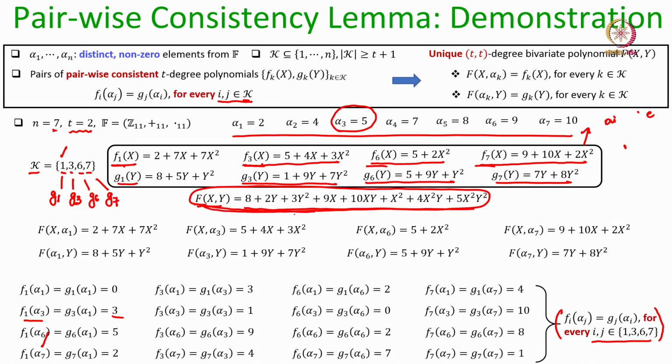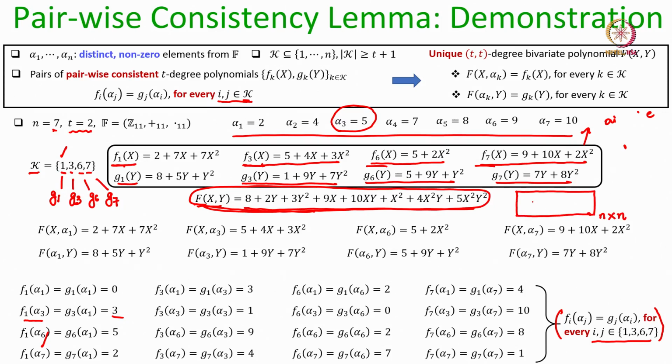So, intuitively what you can imagine here is that your f of x, y is an unknown polynomial, and there would have been a matrix of n cross n values on that bivariate polynomial.